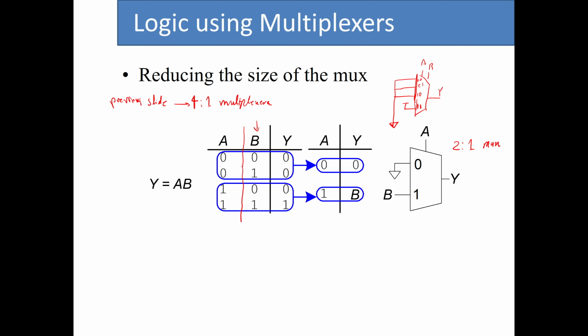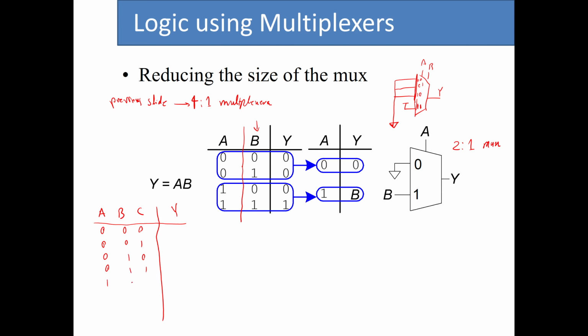So let's just go over a larger example. Let's assume we have this truth table with A, B, and C as the inputs, and we have Y as the output. So we have 0, 0, 0, 0, 0, 1, 0, 1, 0, and then 0, 1, 1.